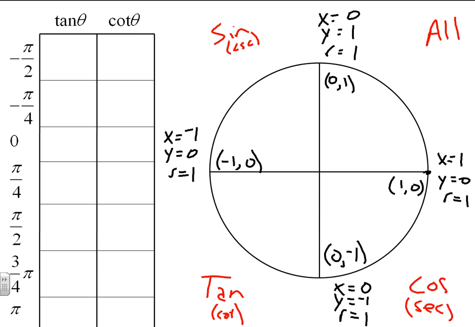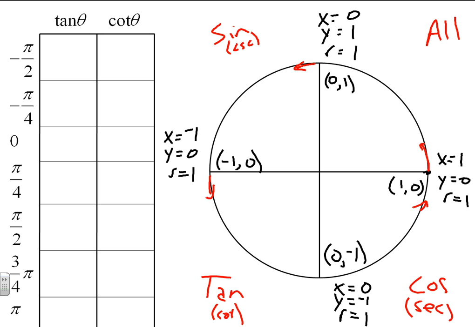Now, if we consider our tour for sine, as we tour around the circle, we go through a positive quadrant, into a positive quadrant, into a negative quadrant, into a negative quadrant. So we have to go all the way around the circle till we repeat our positives. Therefore, sine has a period of 2 pi.